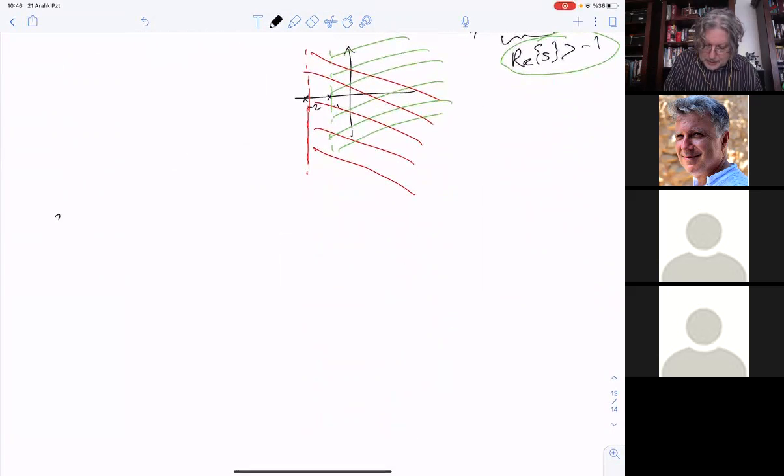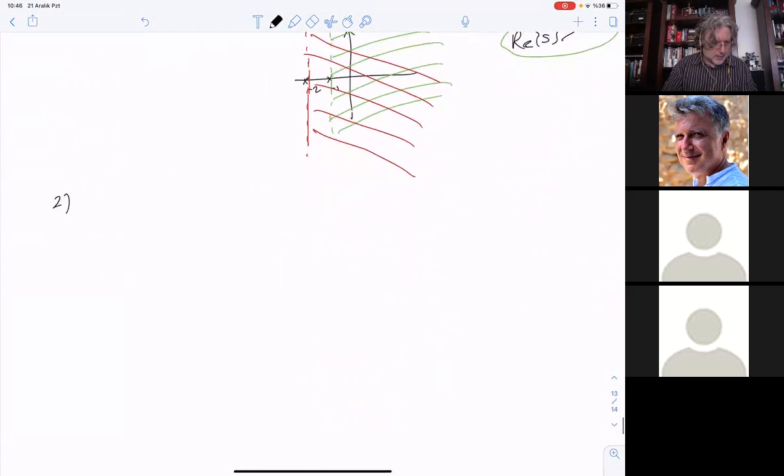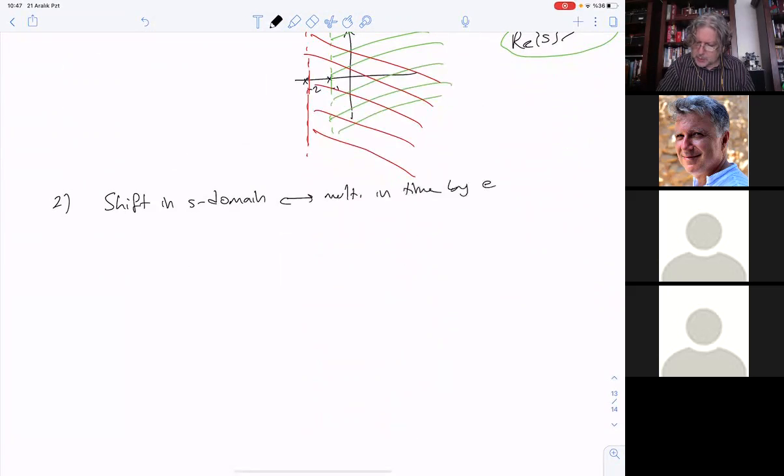Now the second property, we will do as much as we can, and then we will just stop. The second property is shift in S domain. And this is versus, of course, multiplication in time by exponential. So what do we really mean?